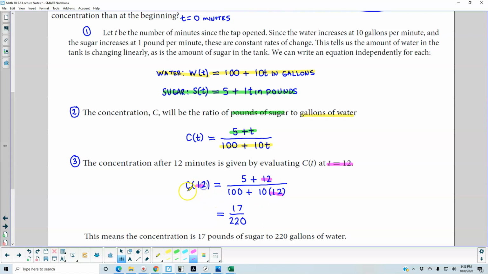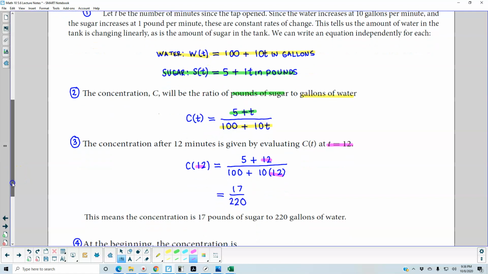If we plug in 12 for t, we get 5 plus 12 over 100 plus 10 times 12, which gives us 17 over 220. So what does that mean? This means that the concentration is 17 pounds of sugar to 220 gallons of water.